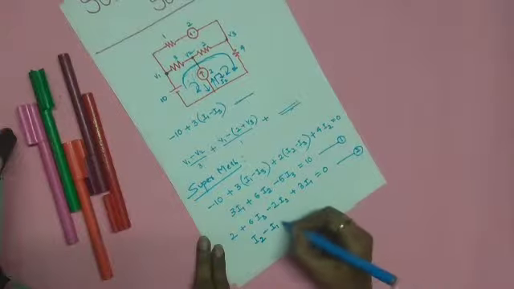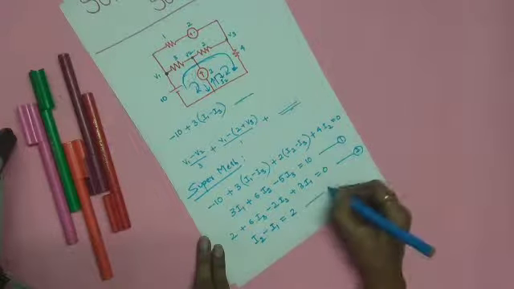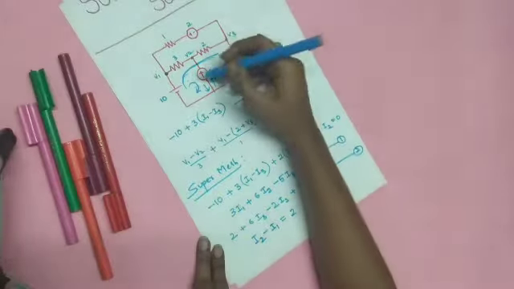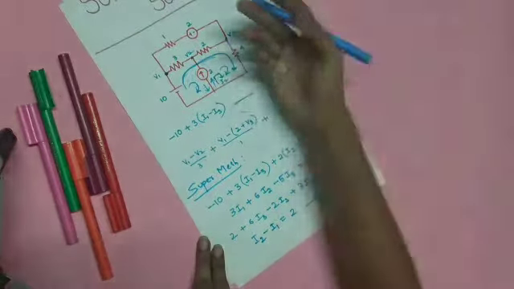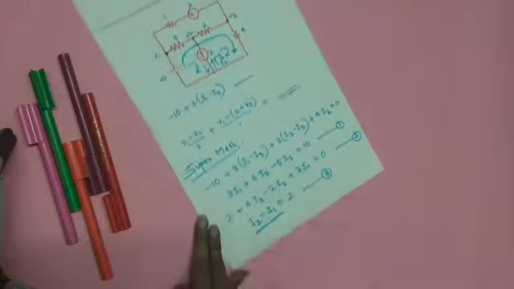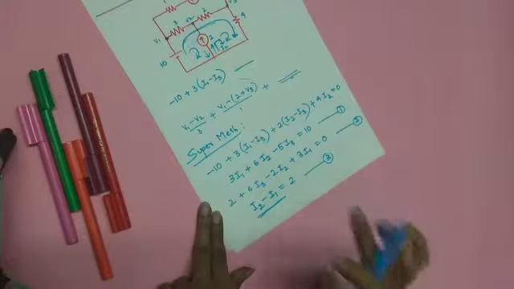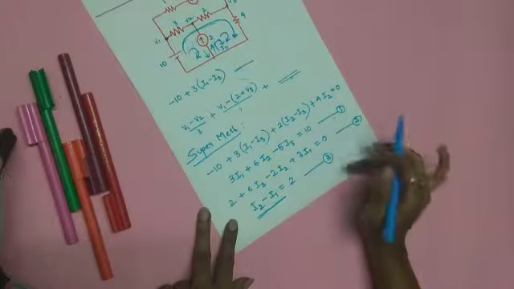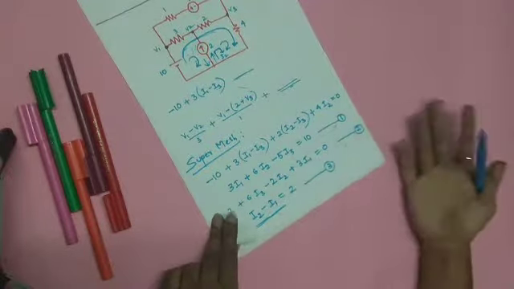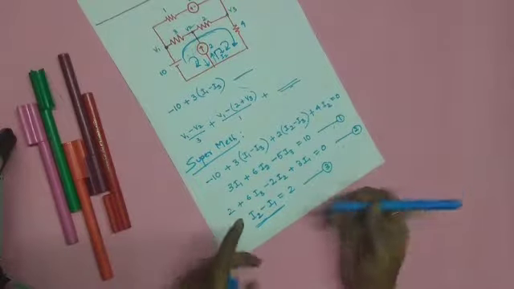It is I2 minus I1 equals 2 amperes, because I have assumed I2 in this direction and the resultant current is also in this direction, so I have to consider it as I2 minus I1, not I1 minus I2. Okay, so we have three equations, and by solving these three equations we will get the currents.